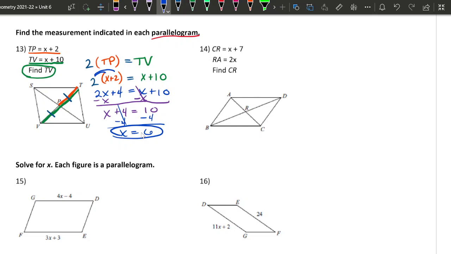Might call it a dirty trick, but pay attention. It says to find TV. TV is not 6. TV equals x plus 10. So I'm going to put a blank plus 10, and I know that x is 6. So instead of putting x, I'm making it 6. 6 plus 10. So that means that TV is 16, not 6.